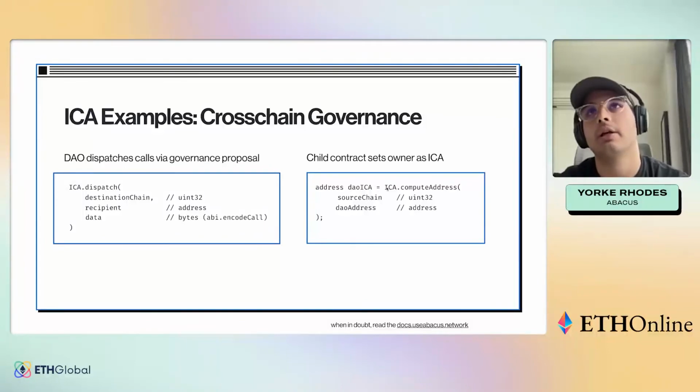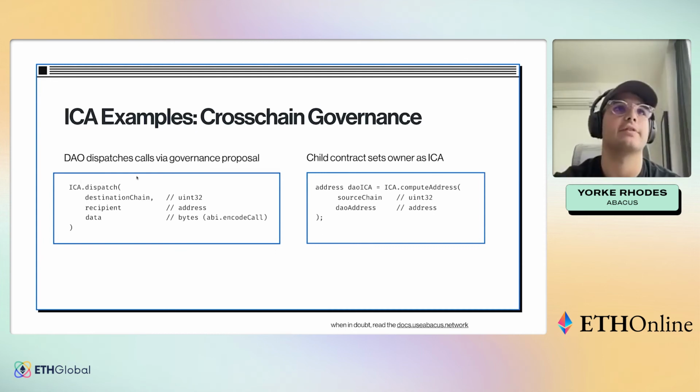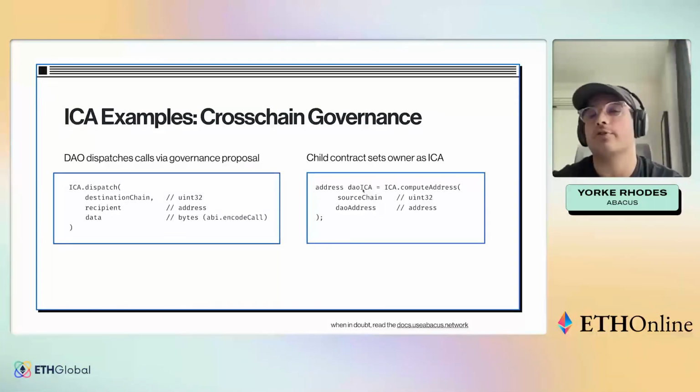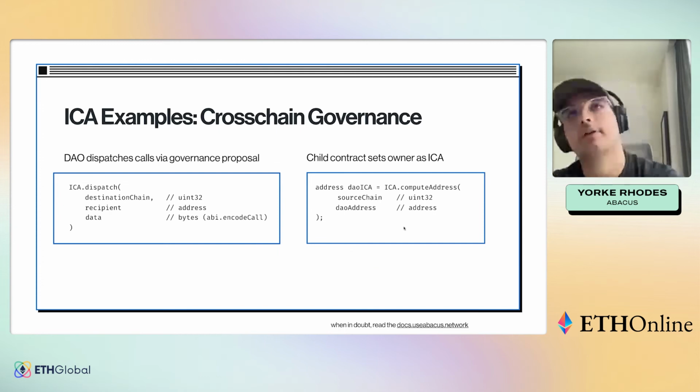So the DAO could basically have an interchain account on all of these remote chains. And any child contracts or sub DAOs, or consumers of, let's say, the Aave DAO, can now just transfer ownership to these DAO interchain accounts and basically give power to this remote DAO over all of the owner authorized actions on their contract.